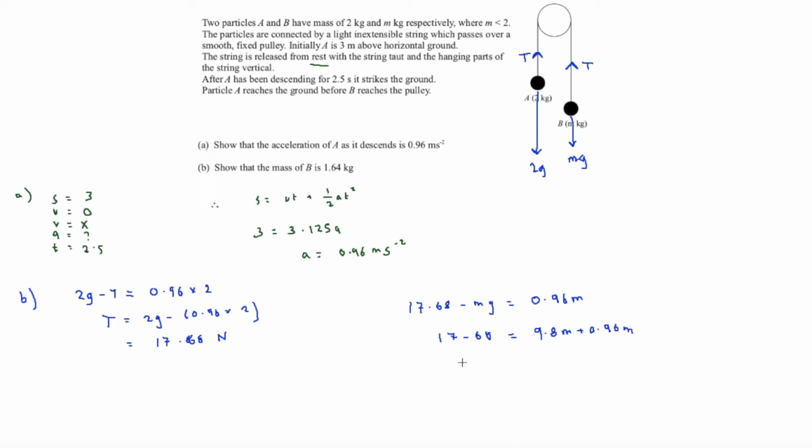Therefore 17.68 is equal to 10.76m. So therefore m is going to equal, rounded to 2 decimal places, 1.64 kg. And we know that's right because it says so in the question.